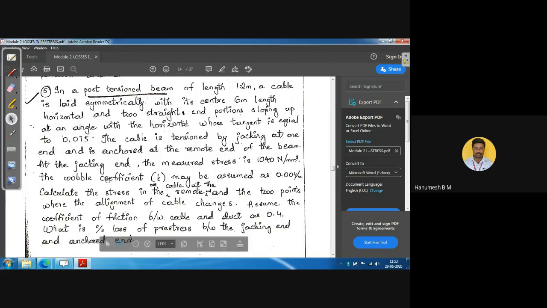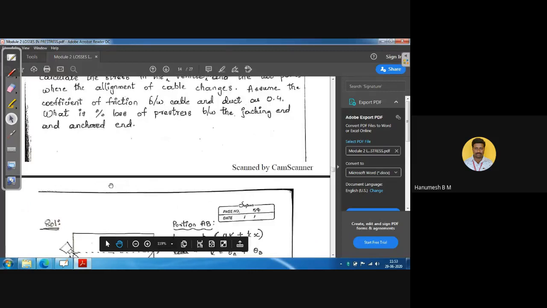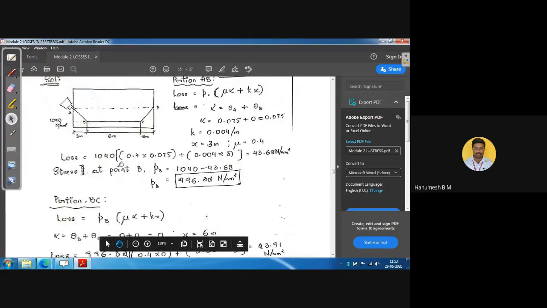The overall coefficient of friction, that is K, may be assumed as 0.004 per meter. Calculate the stress in the cable at the remote end and the 2 points where the alignment of the cable changes. Assuming the coefficient of friction between cable and the duct as 0.4, what is the percentage loss of the free stress between jacking end and anchored end? This is the given problem.